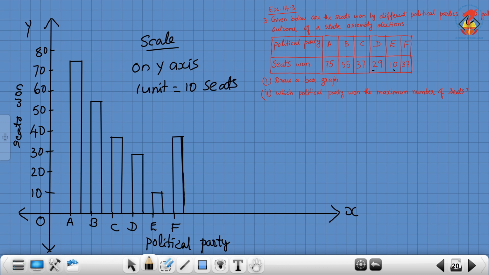This is a bar graph. Next, which political party won the maximum number of seats? Here this bar has maximum height. That means political party A won the maximum number of seats.